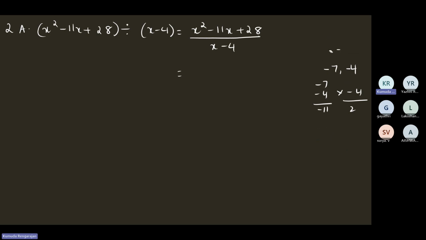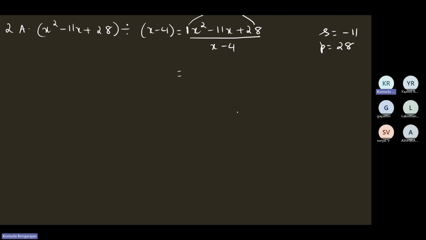So I'll repeat this. Write the sum and the product. The sum is the coefficient of x. The numerical coefficient of x is the sum, minus 11. And the product is the coefficient of the x square term into the constant. 1 into 28, which is 28.